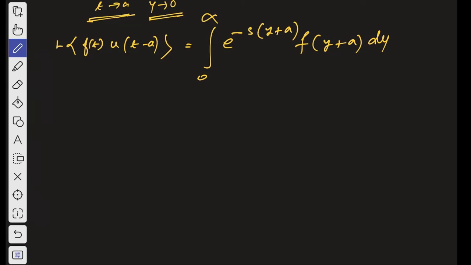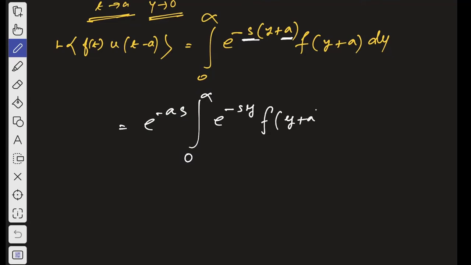Now let me change the color. Here the e to the power minus sa is the constant part, so it can be taken out of the integral. So the integral from 0 to infinity of e to the power minus sy f of y plus a dy, right?